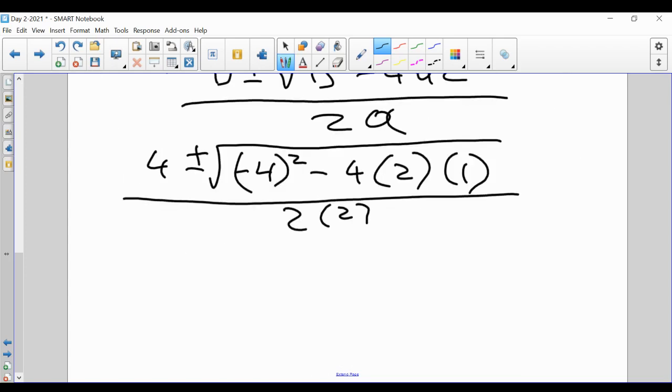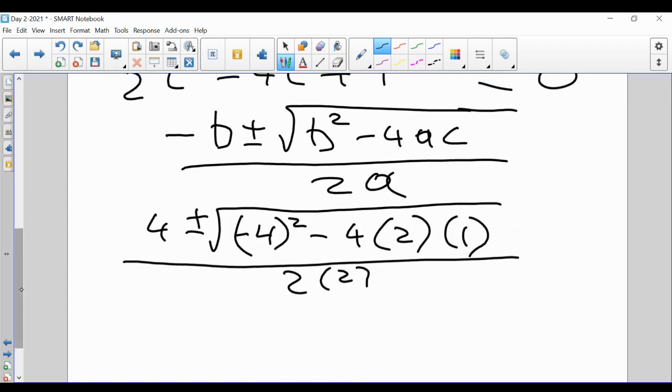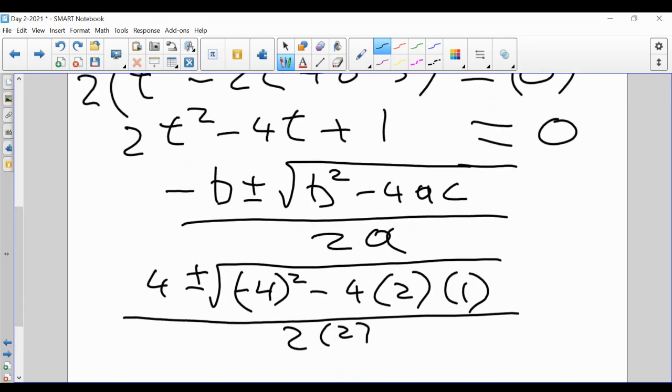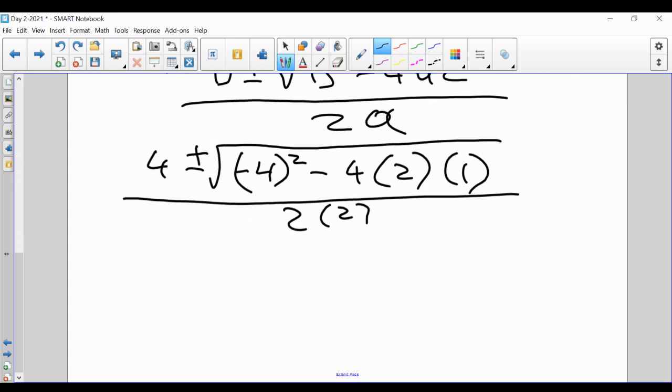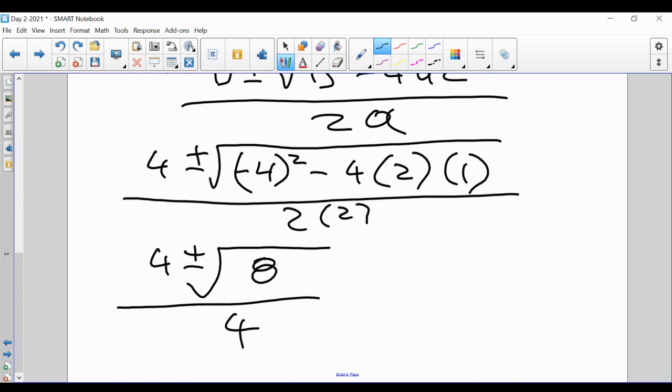Okay, did I do everything right there? Let me double check that. So let's see now, minus 4 squared minus 4 times a times c, yeah, that looks about right. So that's 4 plus and minus the square root of, looks like 16 minus 8 to me, which is 8, over 4. Okay.